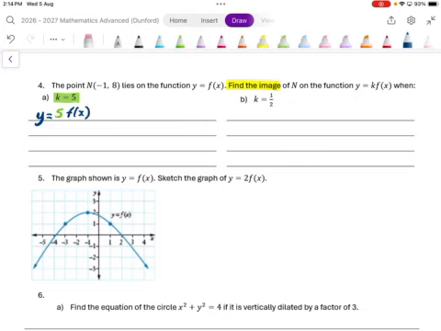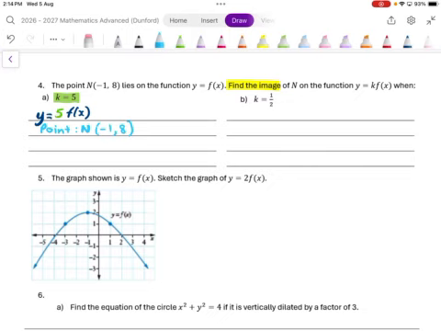Now, do we affect our y values or our x values when we're doing vertical dilation? Y values. So our point that we've been given is N is negative 1, 8.